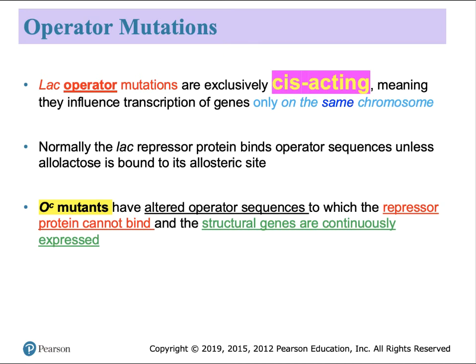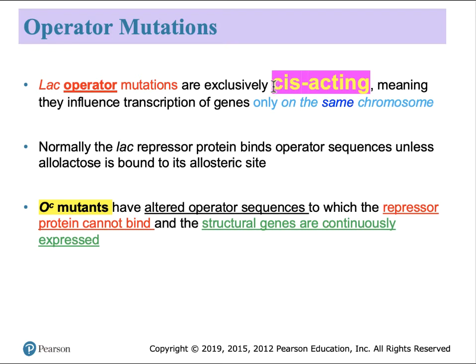So in that case, we say that the repressor is trans-acting, whereas the DNA elements are tied to the structural genes physically. So if one operator is present on the chromosome, it's only tied to the structural genes next to it. It can't wander and bind to the plasmid structural genes. And on the plasmid, the operator there can only influence its genes and not the genes on the chromosome.